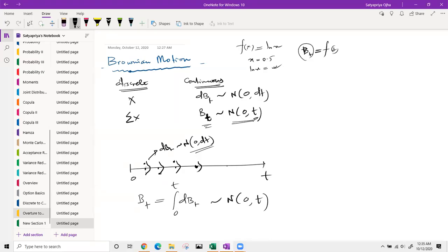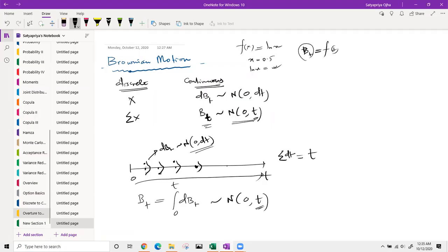If you add a lot of normal variates with variance dt, then over time all those small normal variates get added, and the overall effect is another normal distribution with the same mean 0, because all the means were 0, but the variance gets added. So if you keep adding dt from 0 to t, the sum of dt is t.